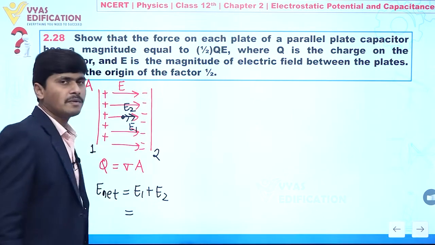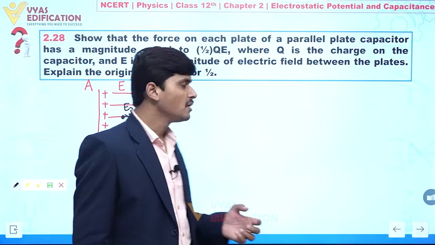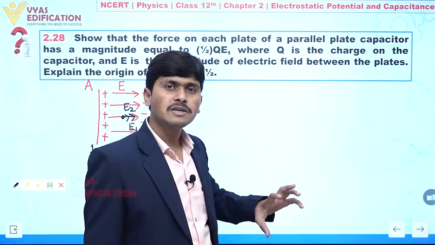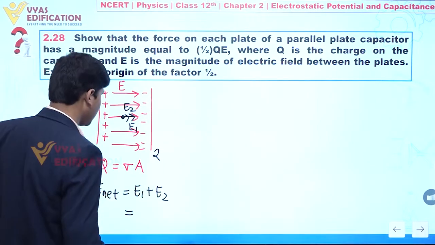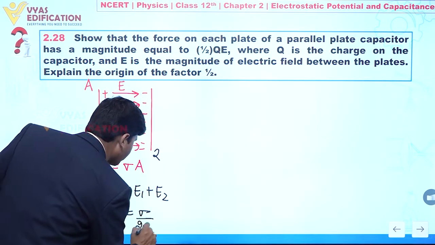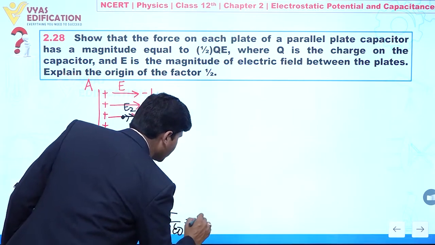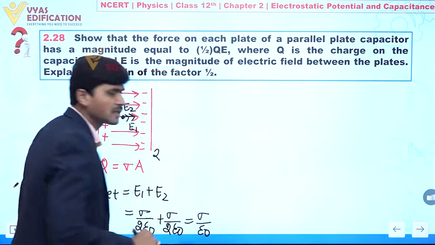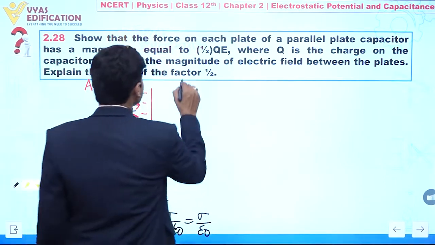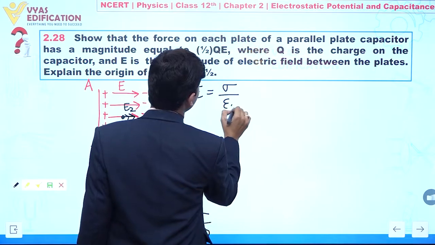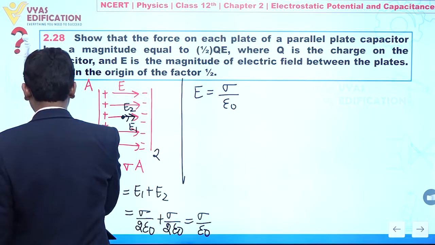Now we know that, treating each as an infinite sheet, the value of E is sigma upon 2 epsilon naught, and this is also sigma upon 2 epsilon naught. So from here this is sigma upon epsilon naught, so the value of E is given by sigma upon epsilon naught.